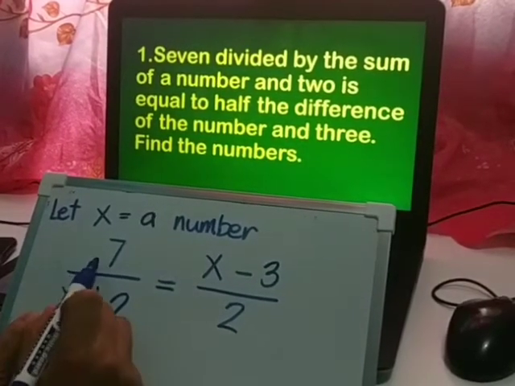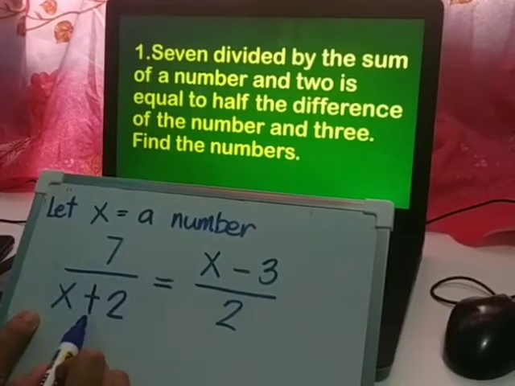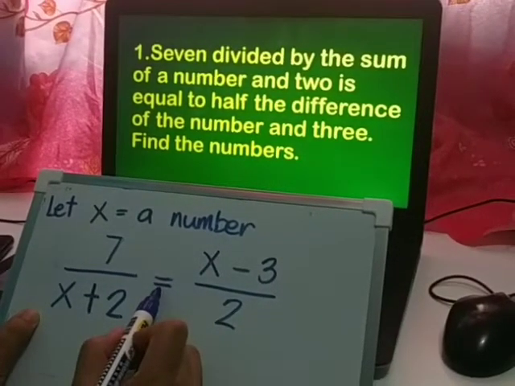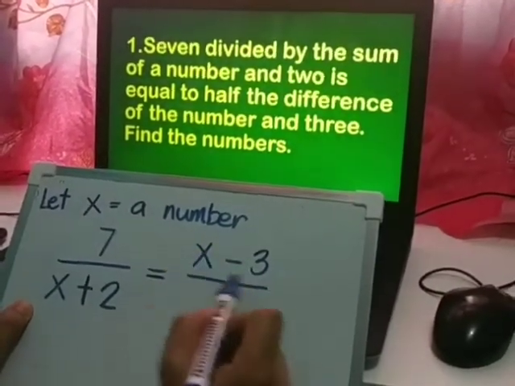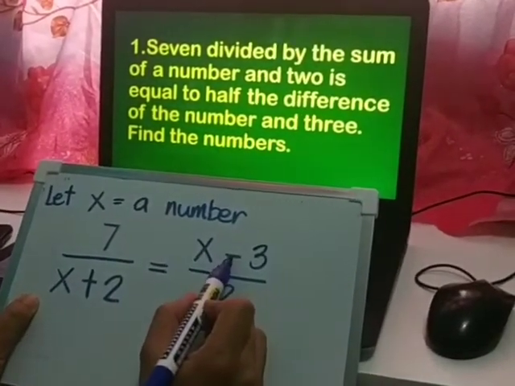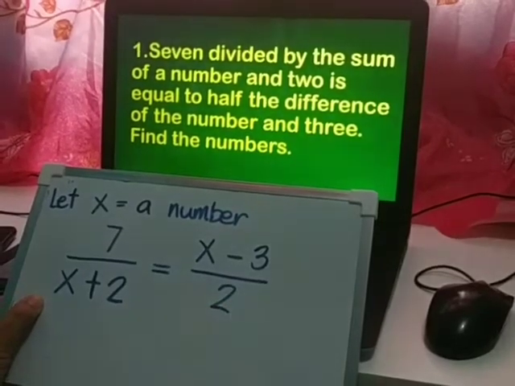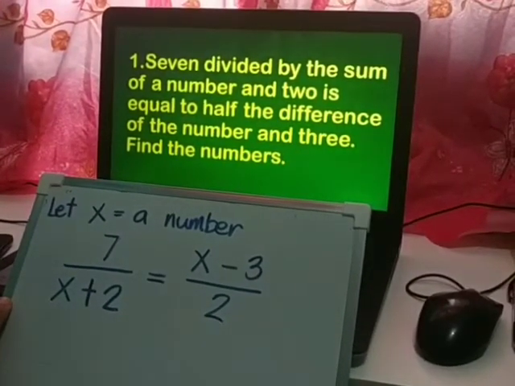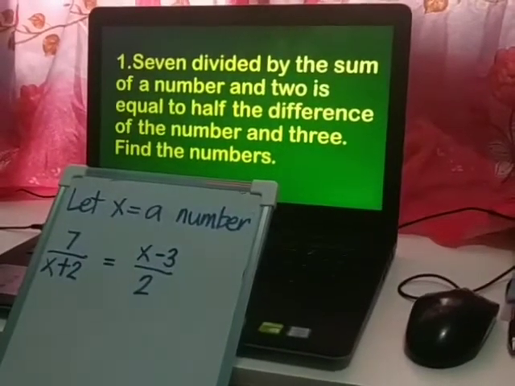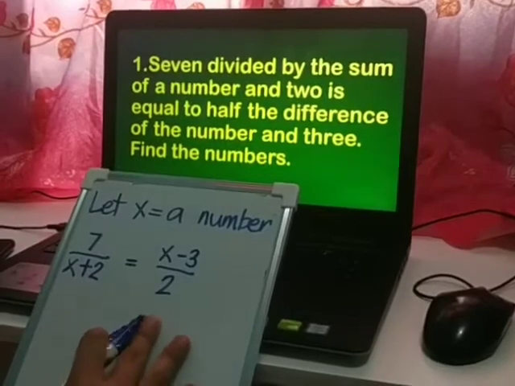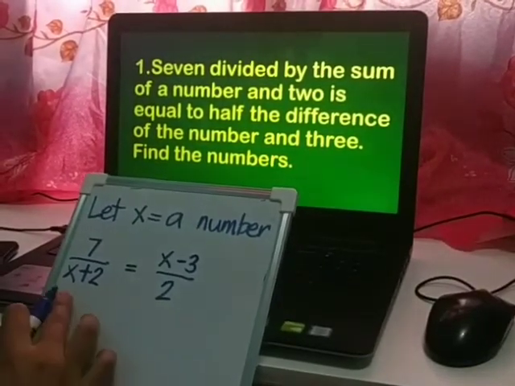Again, 7 divided by the sum of a number and 2 is equal to half of this, that's why over 2, the difference of a number and 3. Here is now our equation. And so, here is our mathematical equation.